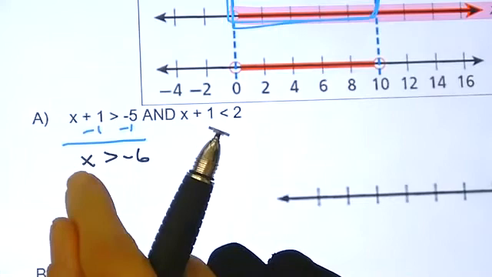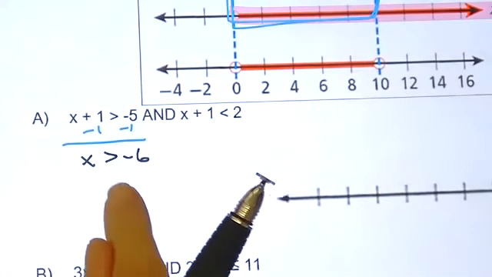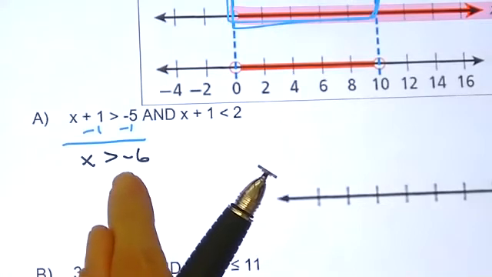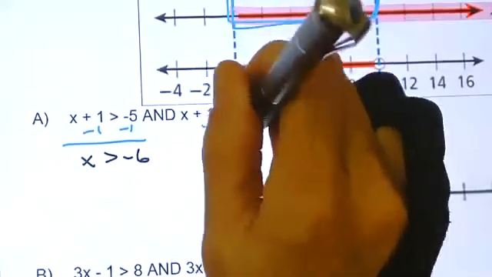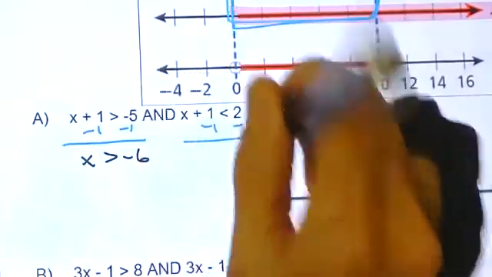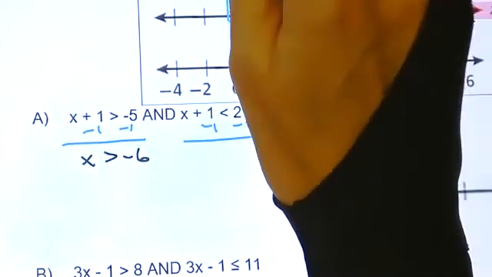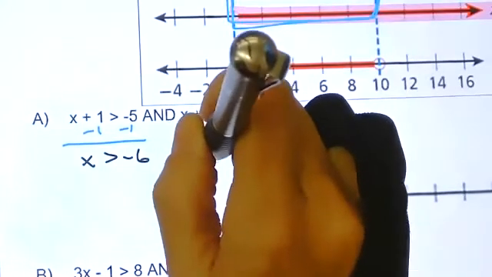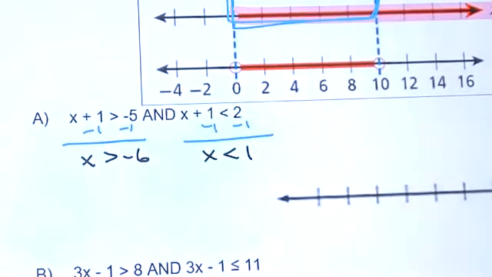You could argue at the end we divided by 1 because you always divide by whatever's in front of the x, but it doesn't change anything. So bottom line is I did not multiply or divide by a negative. Same thing here. If I subtract 1 from both sides, I did not multiply or divide by a positive or a negative. So since I didn't do any multiplication, my symbol is going to stay the same.